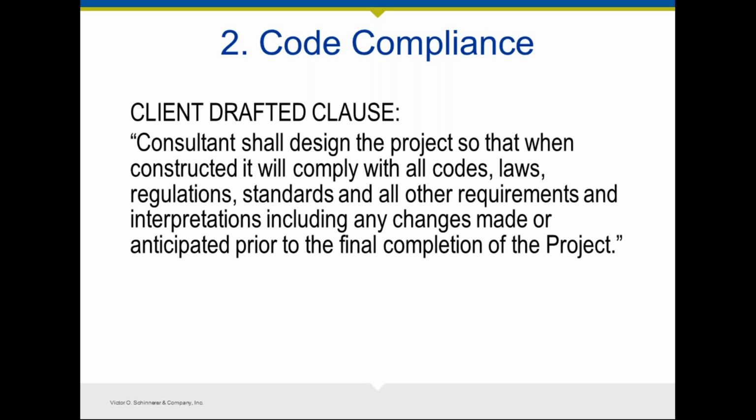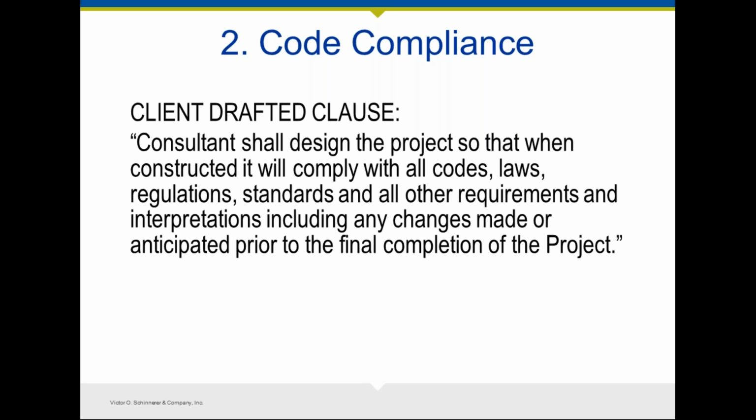You're being asked to guarantee that when this thing is completed, and that is an item that is typically not within your responsibility but the contractor's, that it will comply with all the codes, regulations, and standards that are out there.